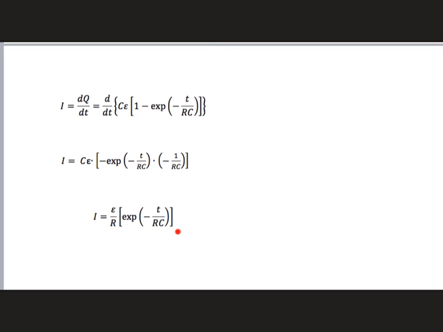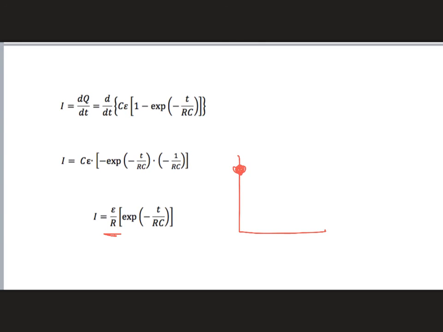And so we can see that the current behaves differently than the voltage or the charge, in this case of a charging capacitor, because here we get an exponential decay. And so if I look at the values, if t is equal to 0, this whole thing becomes 1, and we're left with E over R, and that would be some maximum value.